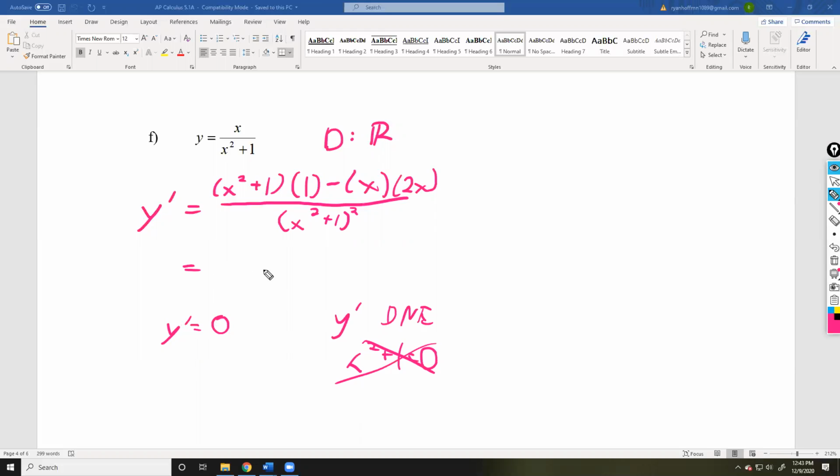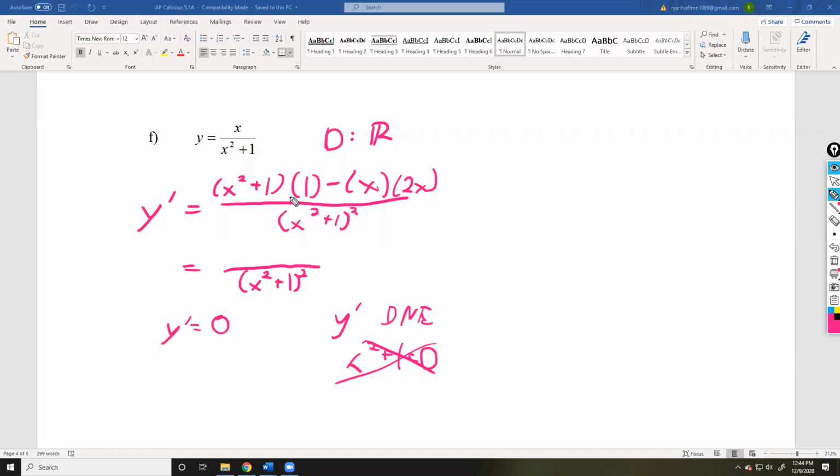So where's the top 0? If I'm figuring out where the top is 0, it's going to help us to simplify. When people ask how much do I need to simplify these problems, a lot of it comes down to what you are trying to do. I'm trying to figure out where this is 0, so I do want to show some work here.